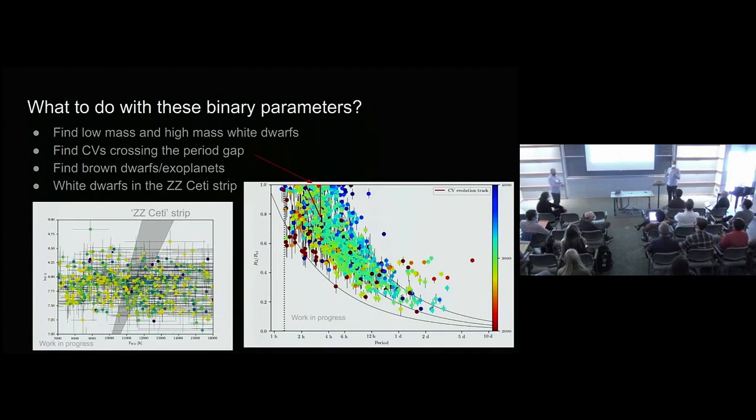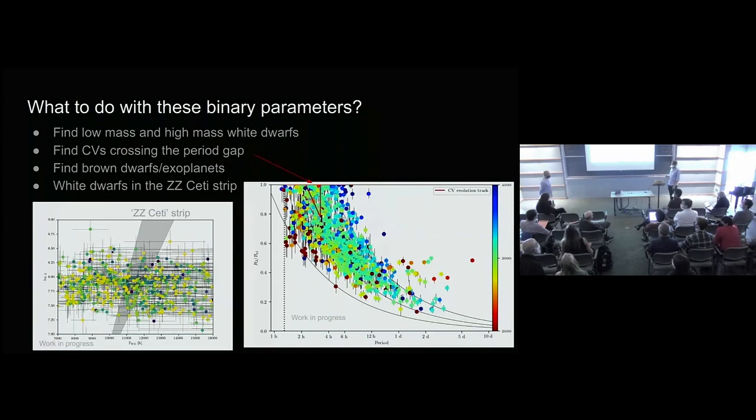It's also extremely hot, and the model suggests it's a 0.04 solar radius white dwarf, so that suggests it has to be low mass. Interestingly, it's also the longest period system, maybe not surprising because it's easier to detect if your white dwarf is large. So yes, there are some interesting low mass systems in there for sure.